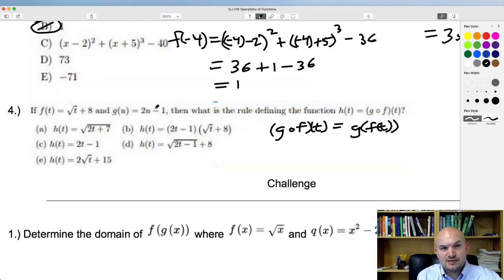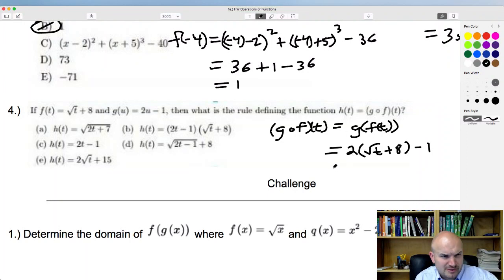So g of u here is equal to 2u minus 1. And if I'm going to replace u with my f of t, then I'm going to plug f into g. So that's going to be 2 times the square root of t plus 8, and then minus 1.